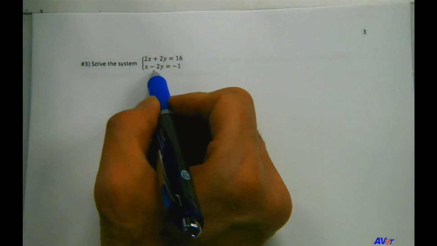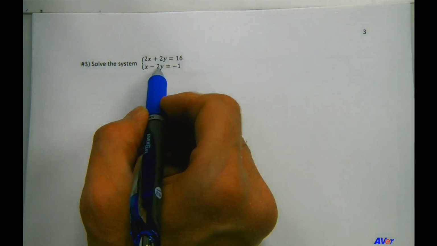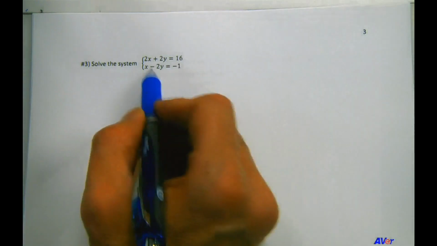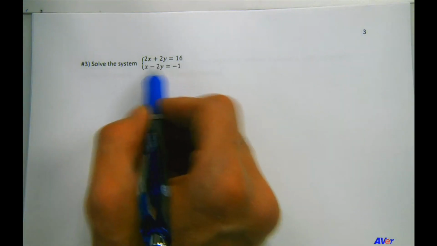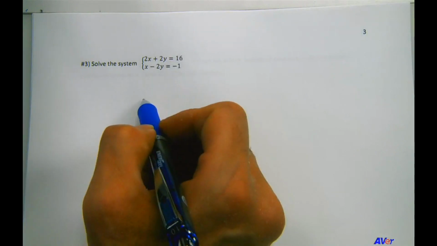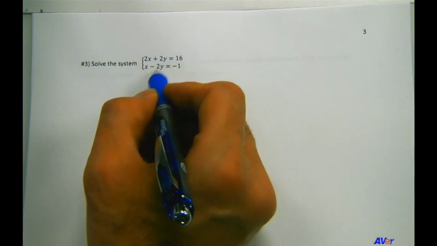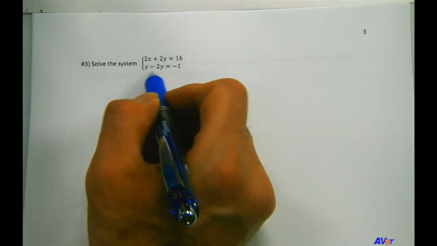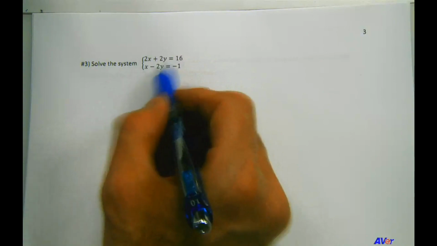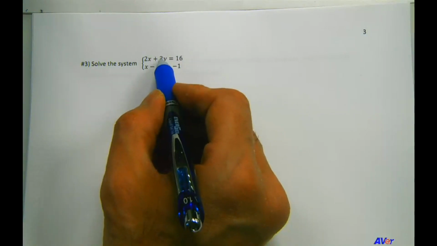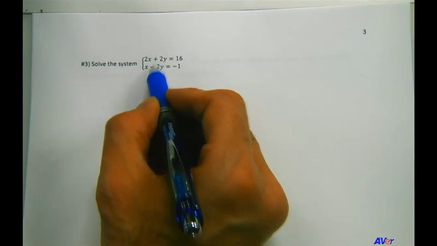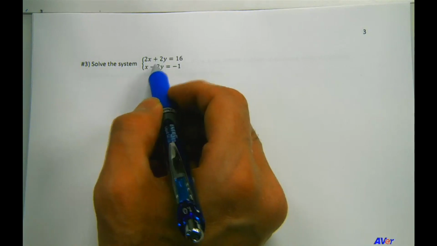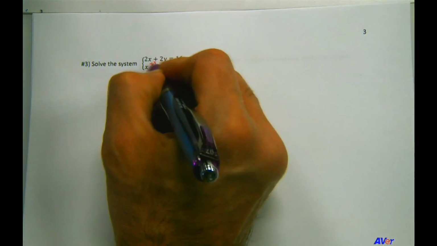Okay, so here, first thing I check very quickly is to make sure that the variables are in the proper order and the constants are on the right-hand side. They are. So everything is good. Now I'm going to see what I can do to eliminate variables. Looking at the coefficients, the y variables are already equal and opposite in algebraic sign. So I can right away add these two and eliminate the y terms.